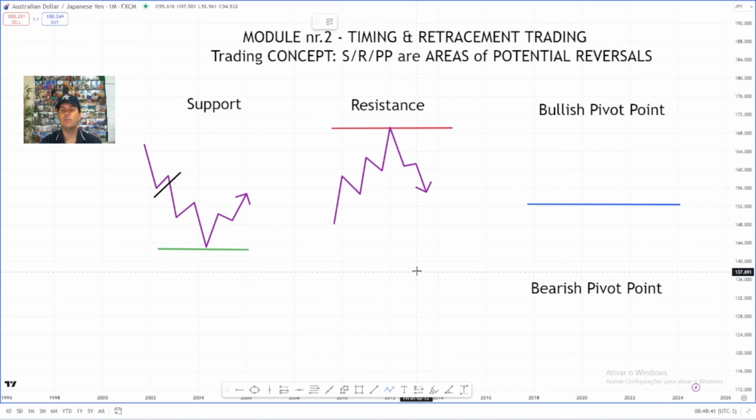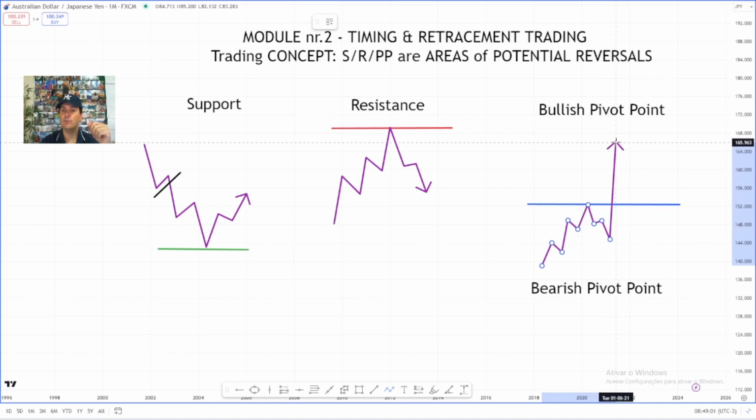The specifics of how the market works at the pivot points: a bullish pivot point is this. The market is going to come from the downside up, making higher highs, higher lows, and hit the area of the pivot point. It's going to retrace, then step number 2, it's going to break through the pivot point.